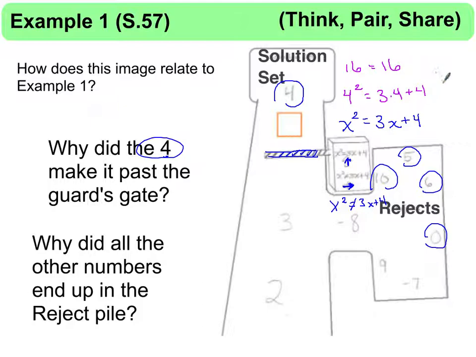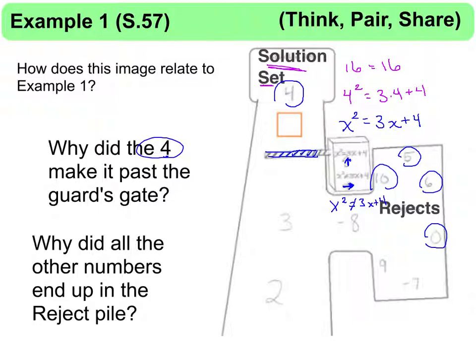It's true. And so the 4 was able to have the gate open and go through, and is a part of the solution set. The other numbers did not make it through the gate because if I squared them and solved them, that would not work out to be a true statement.